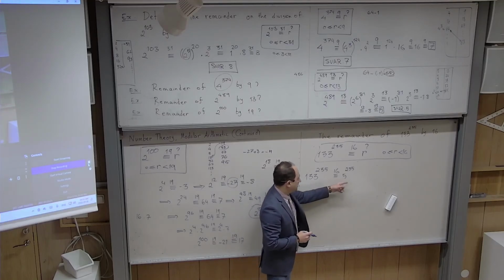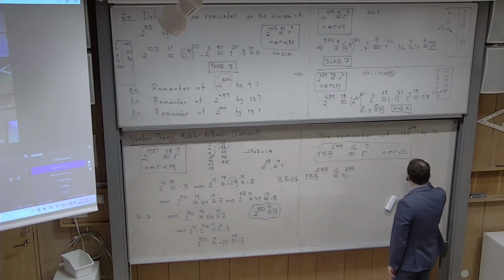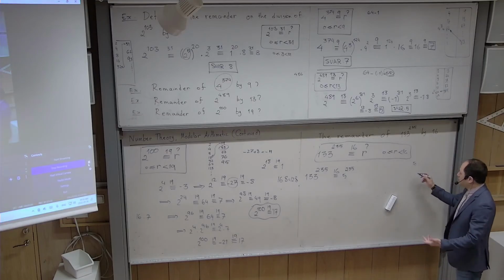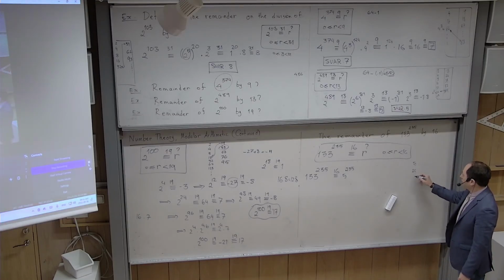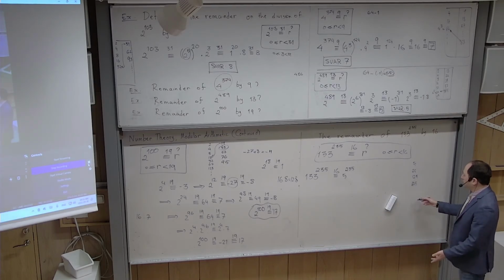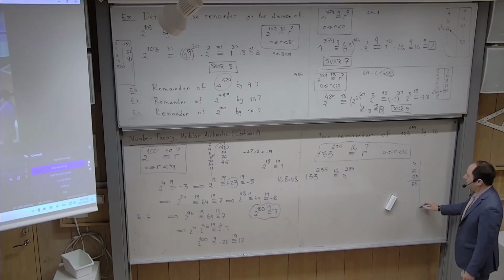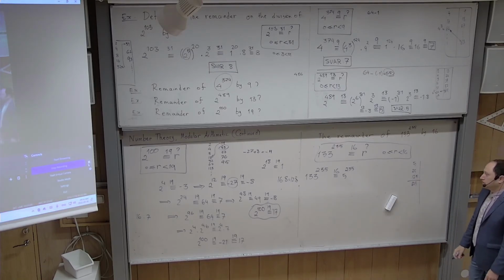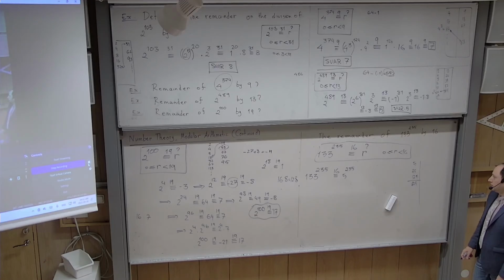But then you can go to a scratch work and then start writing some powers of 5. 5 to the power of 2, 5 to the power of 3, and then 5 to the power of 4. I don't know. These are big numbers, so it is better to stop here. And on the other hand, you need to write multiples of 16 then, yes?